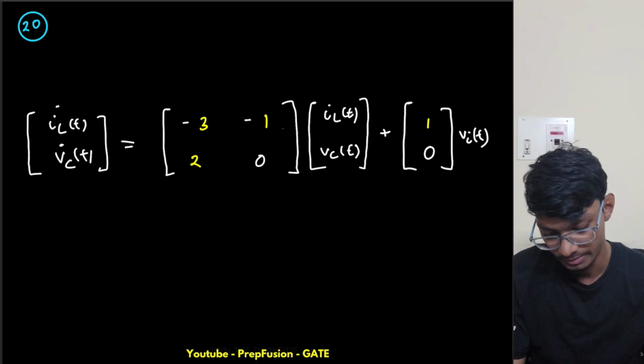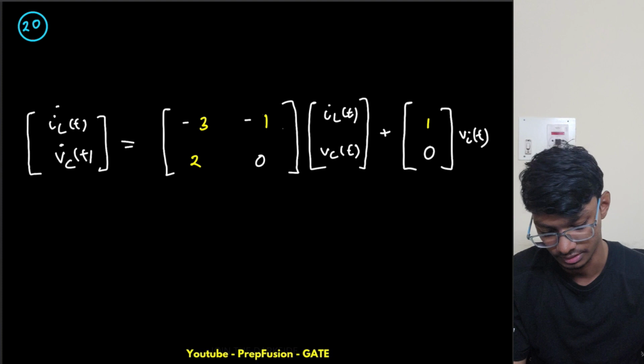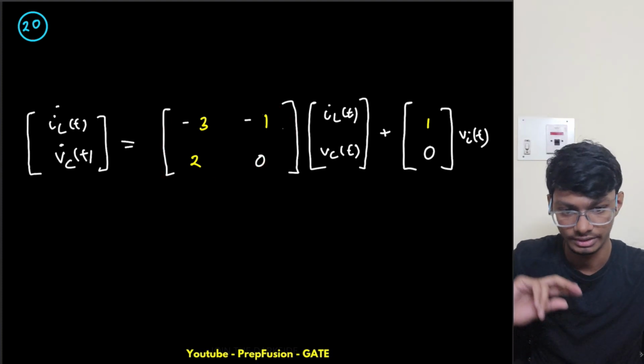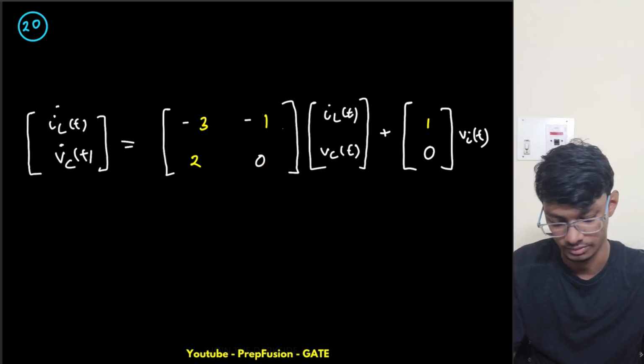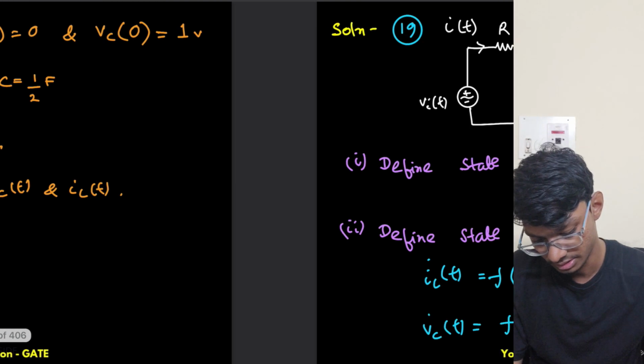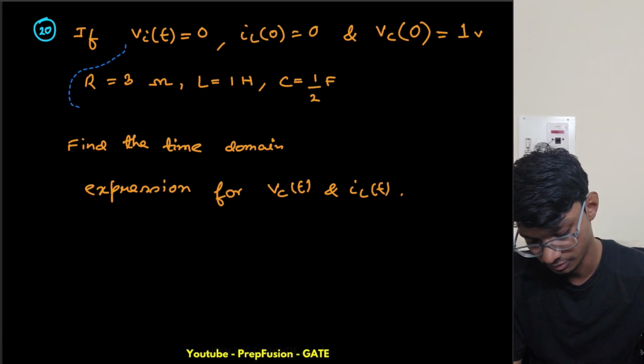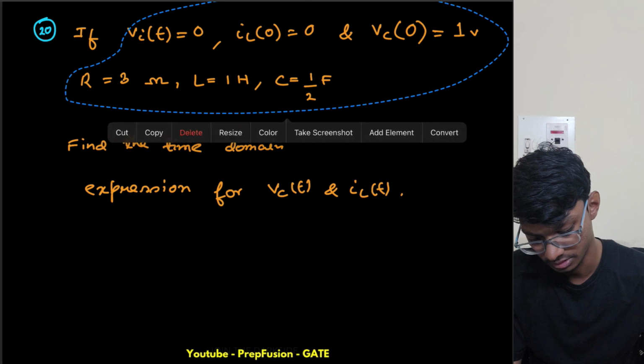So my E matrix from here I can understand is this one. What I have to do is find the SI minus A inverse. Also let me take the initial conditions here, because going back to the earlier slide every time is difficult.